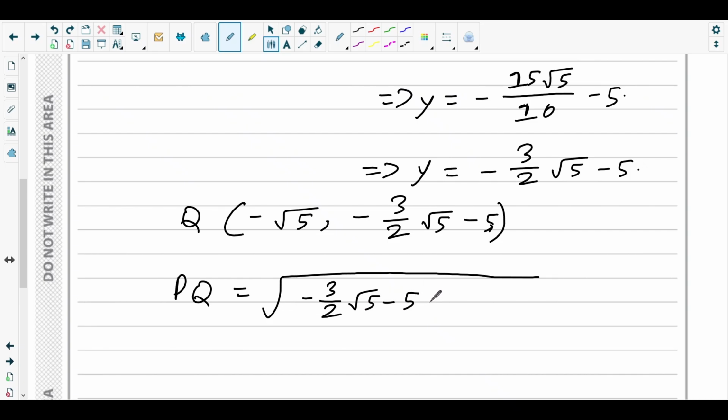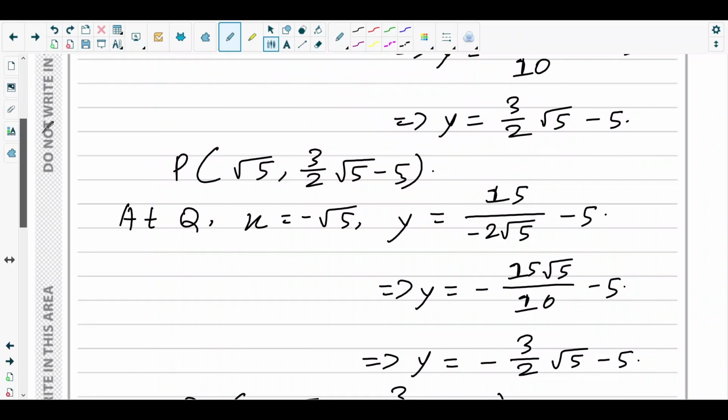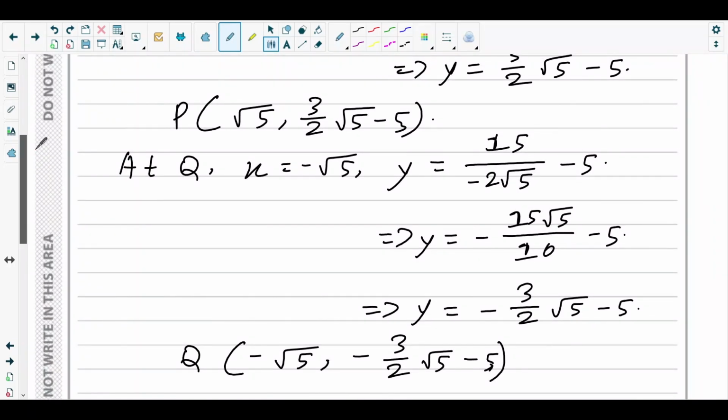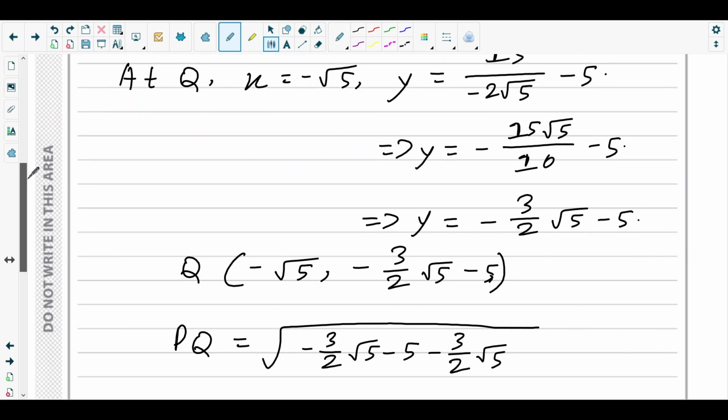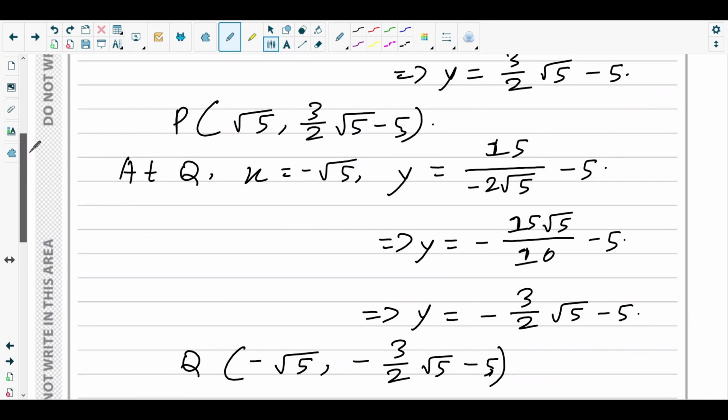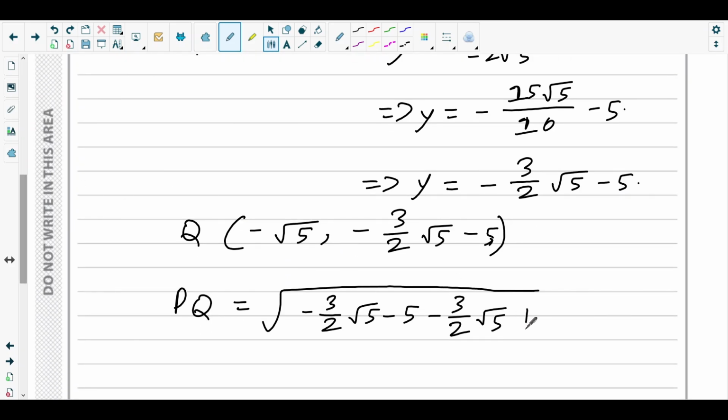This is y2 minus y1. Y1 is 3 over 2 square root of 5 negative 5. So that would give positive 5.